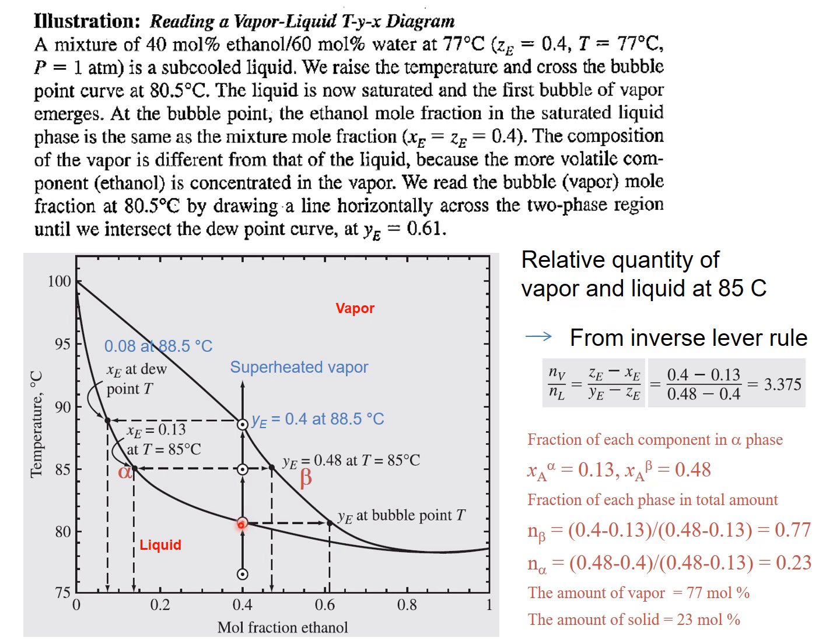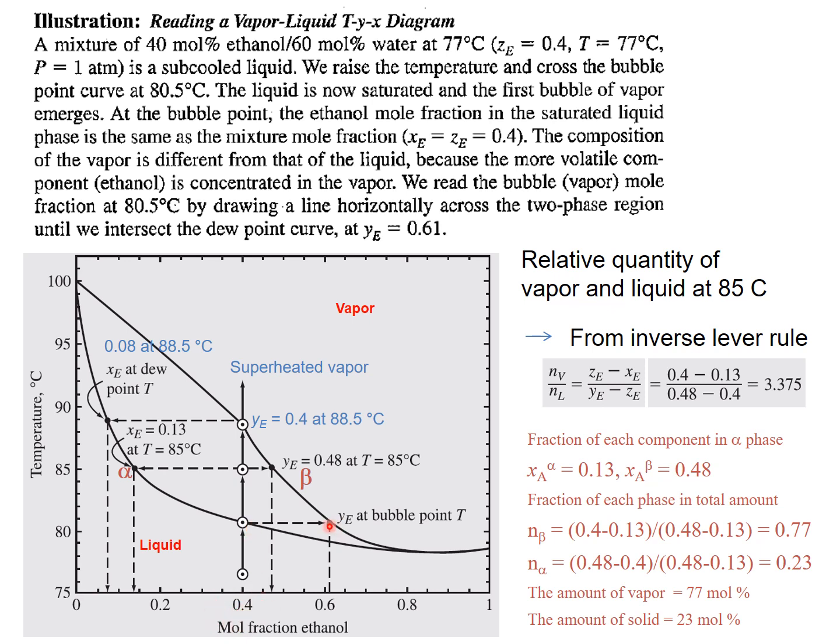You could read the composition of the liquid from this point, and the composition of the vapor is read from this point. So it means the saturated liquid has 0.4 mole fraction of ethanol.